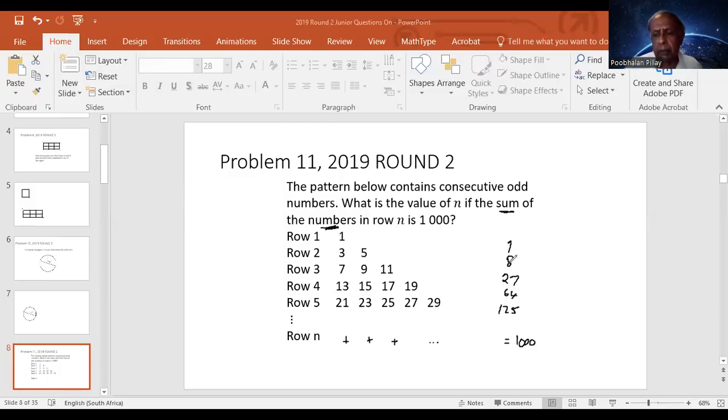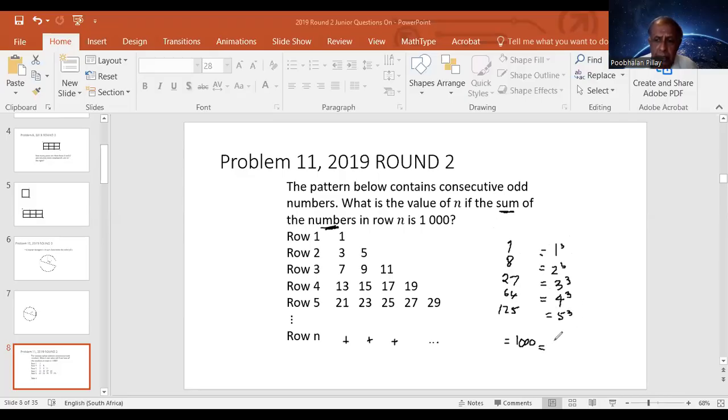Now you ask yourself, what is the pattern here? Well, you can see clearly that these are cubes. This is 1 cubed, this is 2 cubed, 3 cubed. Very interesting that these numbers add up to cubes.